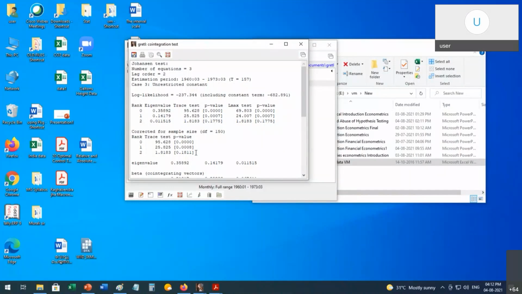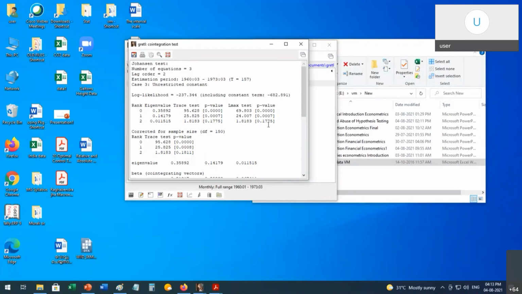Now remember, there is a very important point in this case. Suppose we have three variables and we are rejecting the third row also. It can so happen. Then what does it mean? It means that we have met some problems either with our unit root test or with the cointegration test.